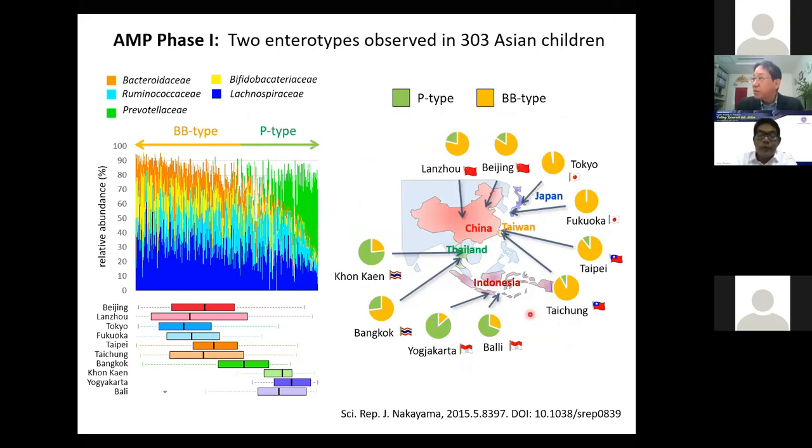You can clearly see that the majority of children living in East Asia, China, Japan, and Taiwan, are colonized by the BB type, and the children in Southeast Asian countries are mainly colonized by the P type, except for the children in Bangkok.